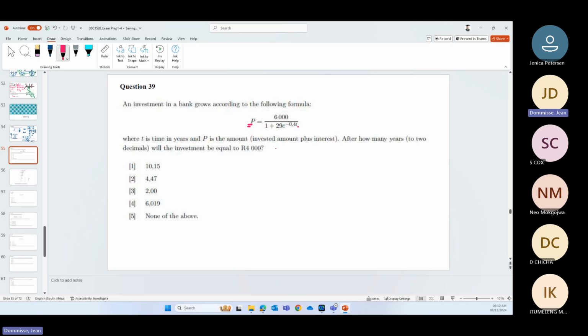Okay, so a lot of times when we see a question like this, we suddenly think integration, differentiation, or all those things. But yeah, we actually just need to work out the value of T, where they give us all the information of the rest. So they tell us what the investment will be. We just need to work out what the value of T will be.